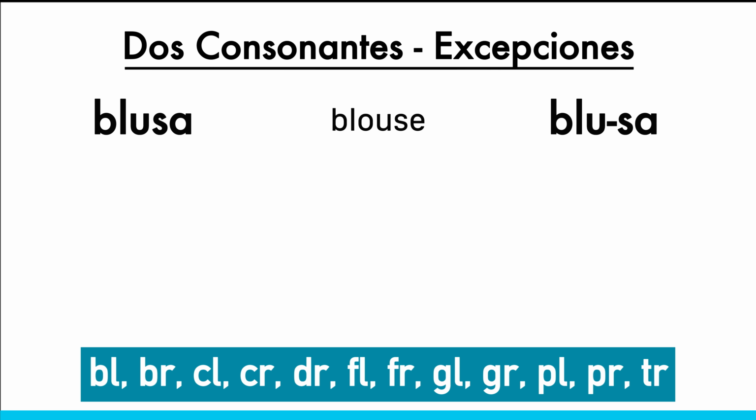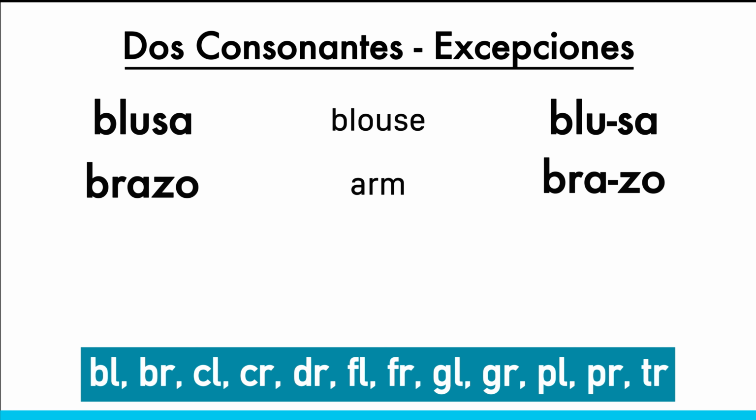These are some examples. Blusa. We have the first syllable, it has only one vowel, so they have to stay together. B, L, U, blu. And then we have S, A, sa, blusa. Brazo.